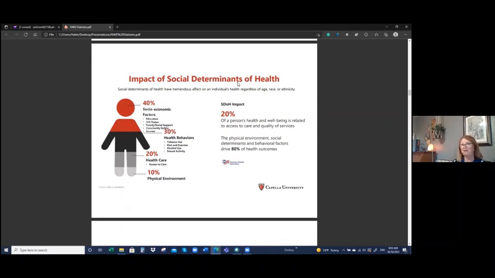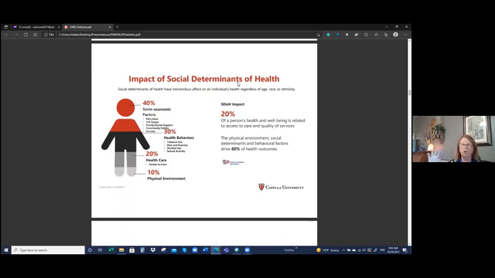But what's so interesting for us in healthcare are the things we focus on. If you look at the social determinants of health, only 20% of somebody's health outcomes is related to the care and quality of service that they get.